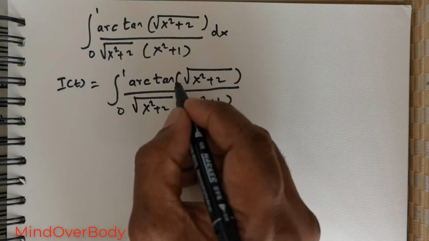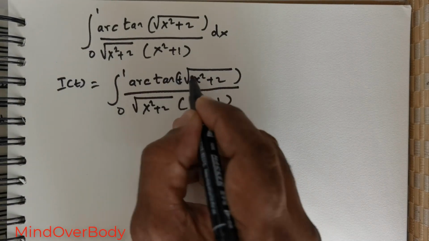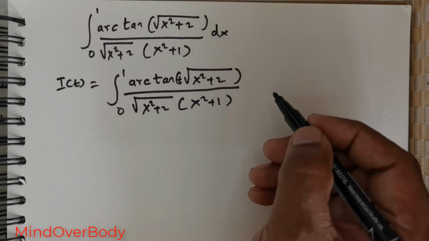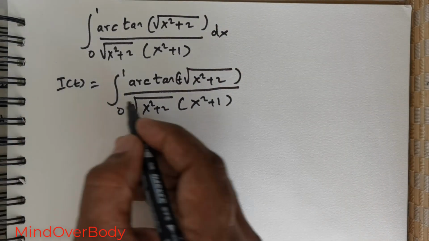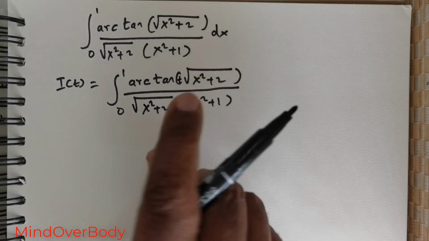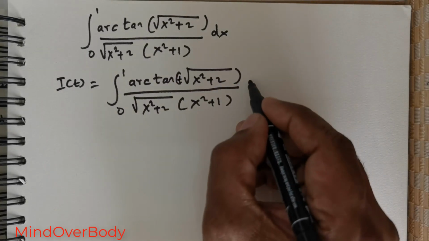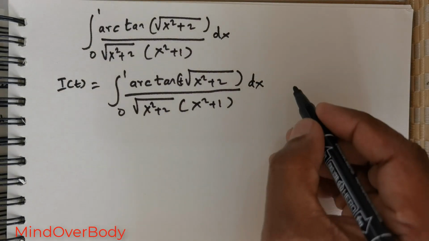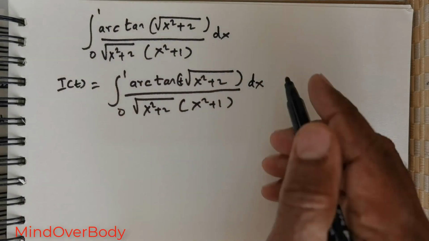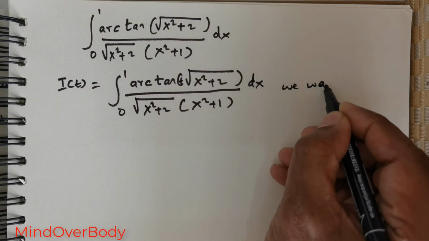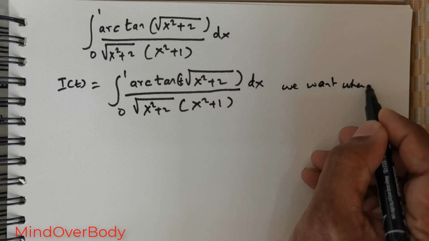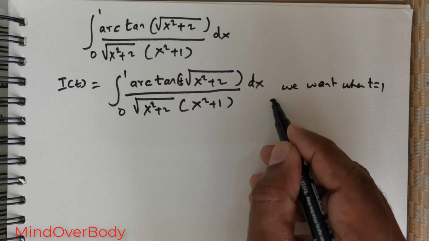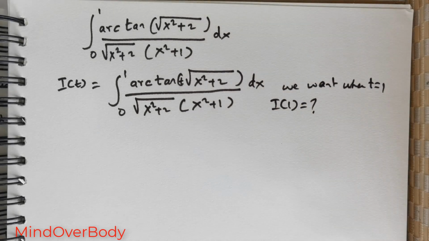Now since I have got a t here, I would like to place a t there, and you are free to place t anywhere because you are actually defining the function, but I am placing the t inside, and this has to carry the differential operator dx. Now we are interested in knowing the value when t is equal to 1. So that would mean I of 1 is our objective.